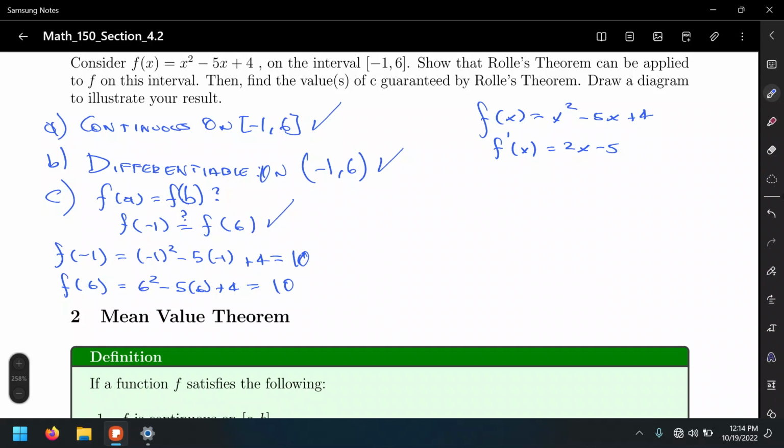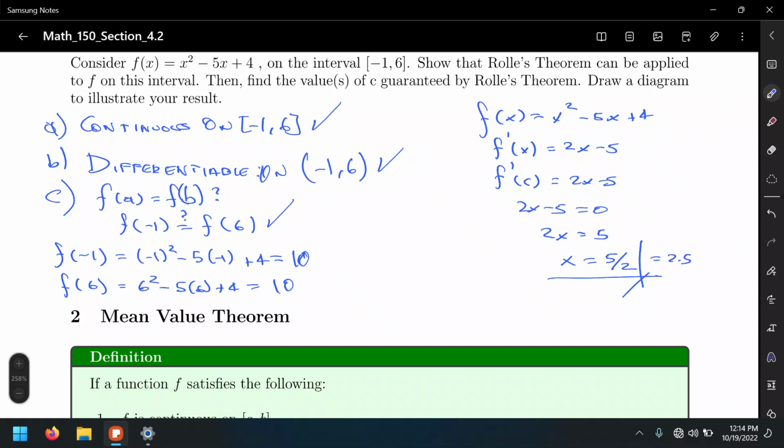We evaluate it at c to find the critical value. Set 2x minus 5 equal to 0 and solve for c. 2x equals 5, divide both sides by 2. That's x equals 5 over 2, which is actually equal to 2.5.